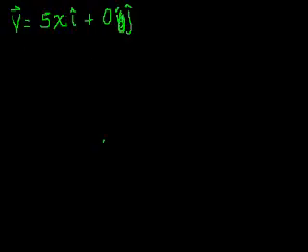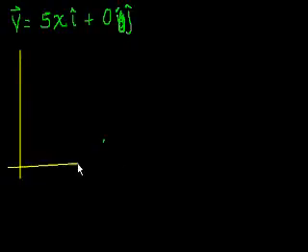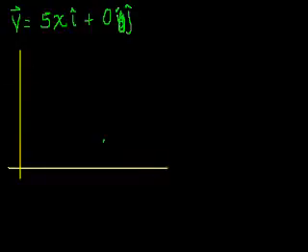So what would that look like? I don't need a computer to draw this. I can handle this one myself. So if that's the y-axis, that's my x-axis. I'll just sample some points and draw some vectors. When x is equal to 1, what's the magnitude of this vector?